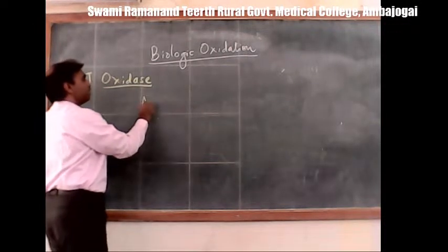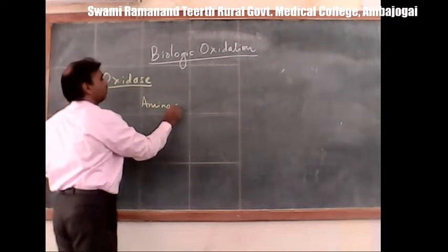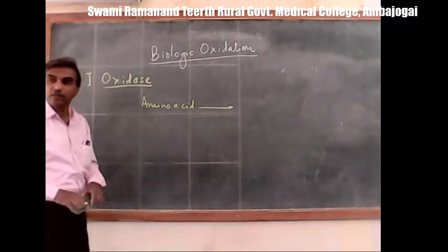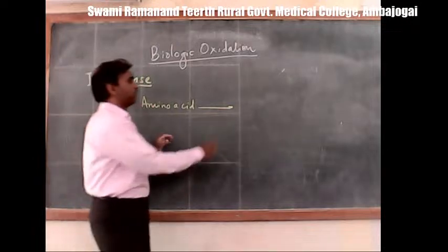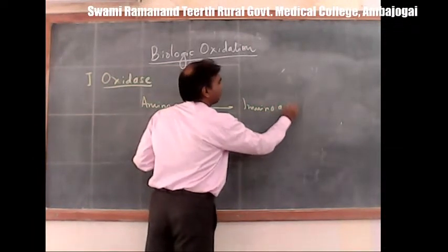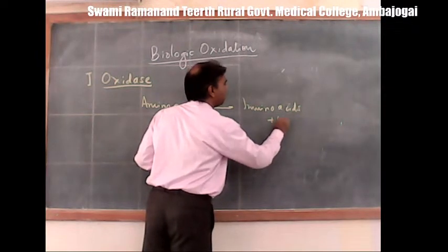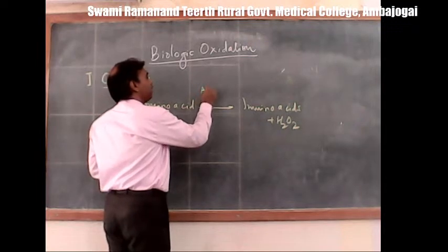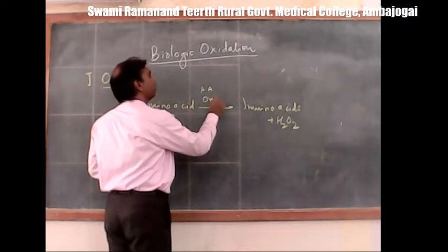So amino acids are oxidized to keto acids and hydrogen peroxide. Amino acid oxidase is the enzyme.